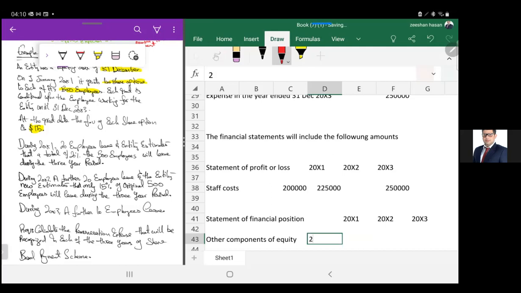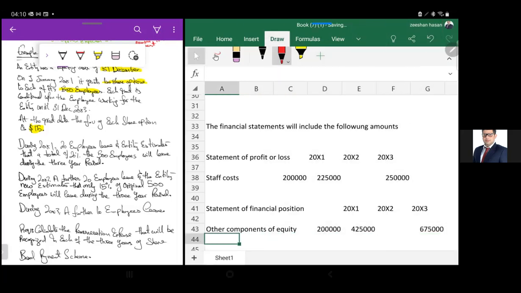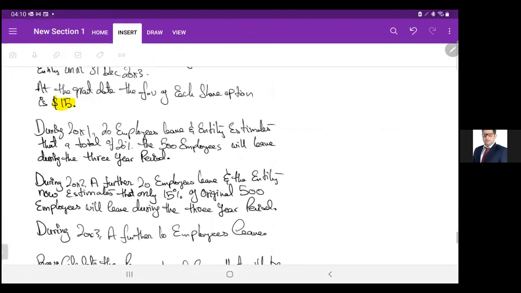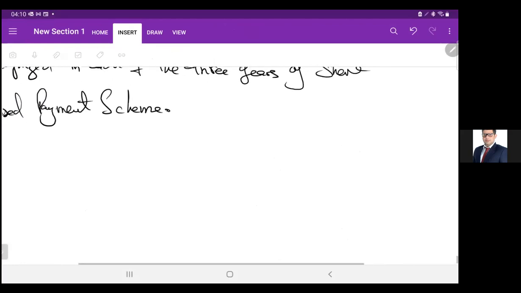It's the same: 200,000, 425,000, and lastly 675,000. Right? I hope you get it till here, and that's all we need to do for this transaction. I hope you get it. Now let us move to the further area after the example.